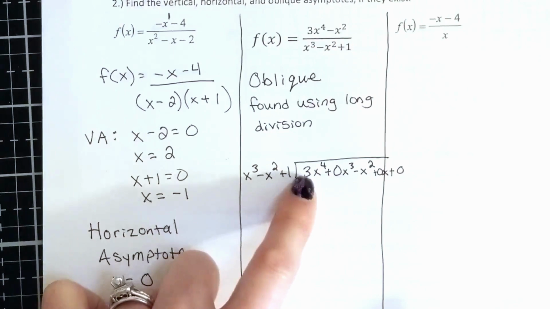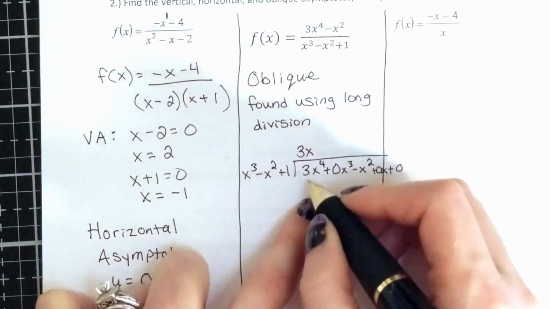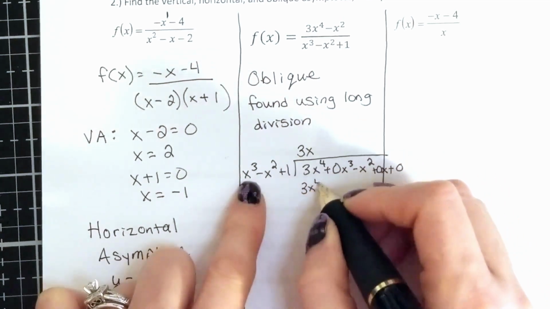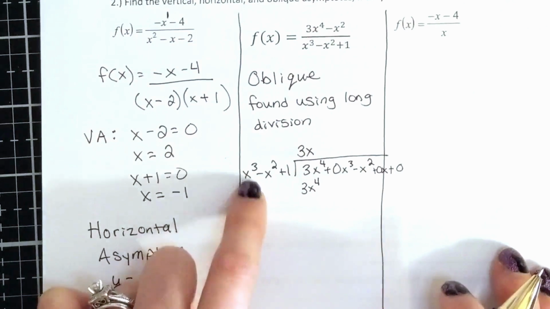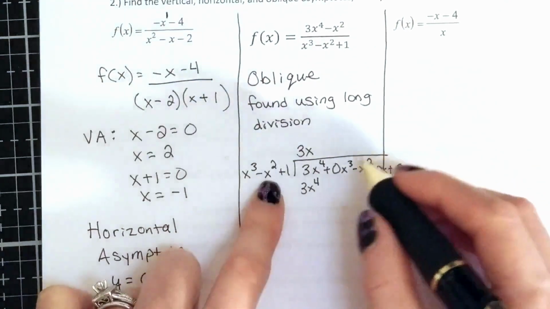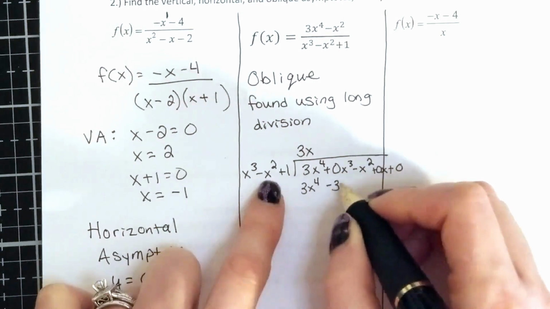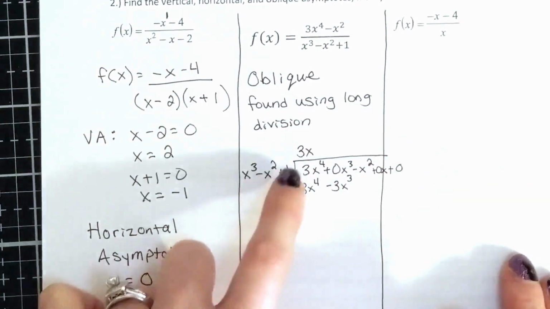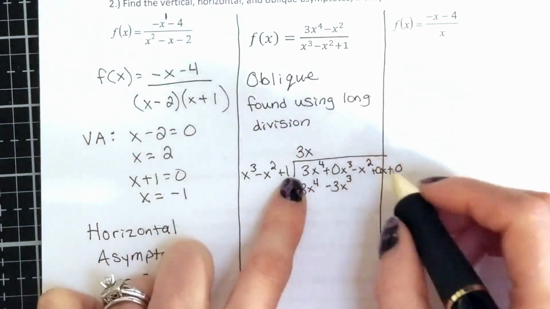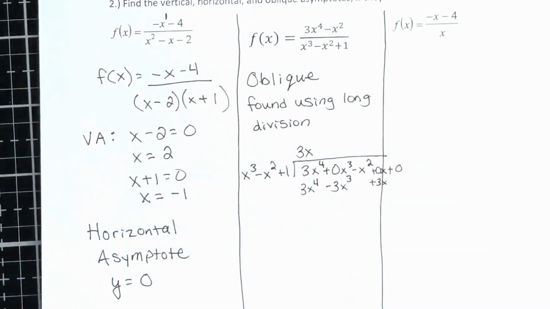I need a 3, and I need one more x, so this is going to be a 3x on the top. So 3x times x to the third is 3x to the fourth. 3x times negative x squared, that would be negative 3x to the third. 3x times 1 would just be positive 3x.